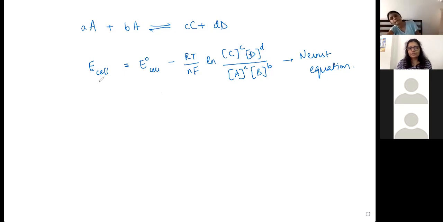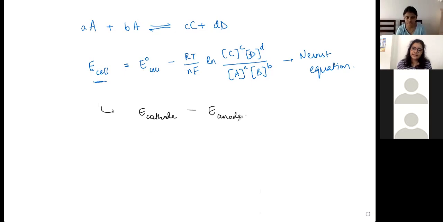Now, usually if you want to calculate cell potential, you have your main formula, right? So you get E cell by subtracting E cathode, or reduction half, minus E anode. So applying the Nernst equation, E cathode is E naught cathode minus RT by NF ln of the reduction half.